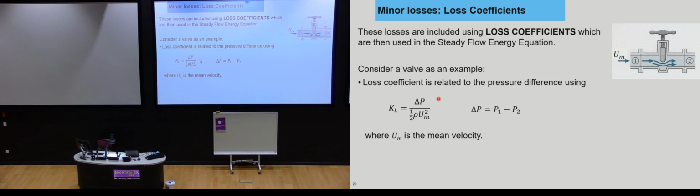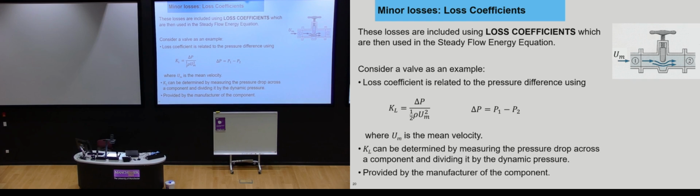This is a dimensionless coefficient, KL, and that's equal to the pressure drop across this very complex geometry divided through by a reference pressure of the mean flow. So that's a half rho V squared. And that is our loss coefficient, and I'm now going to show you how we include that in the steady flow energy equation. That loss coefficient can be determined by measuring the pressure drop. You can see this loss coefficient will change depending upon the flow, because if the flow changes, the pressure drop changes, and hence the loss coefficient changes.